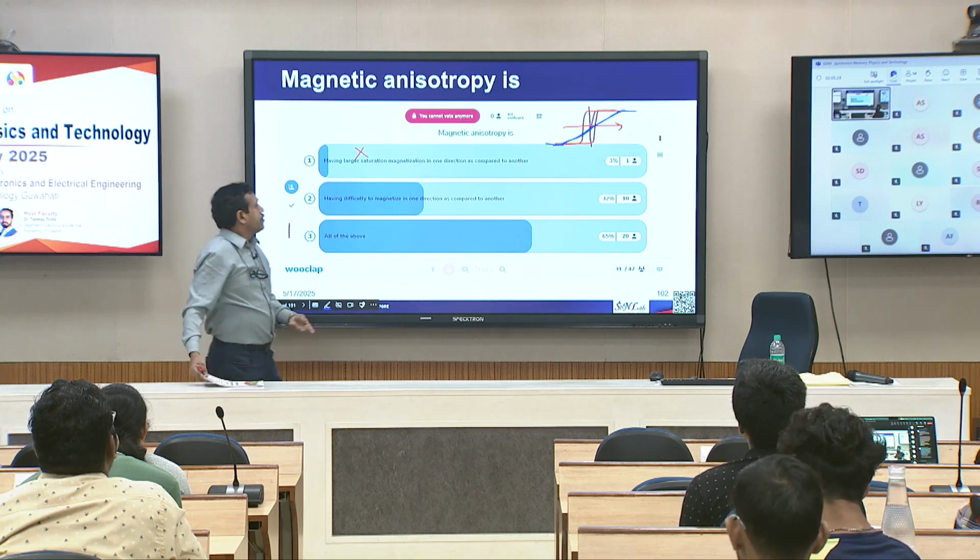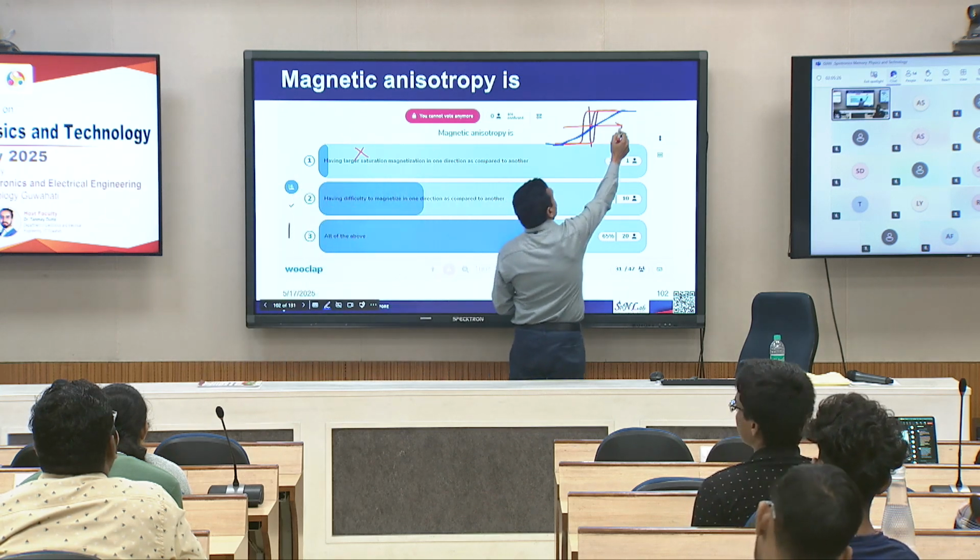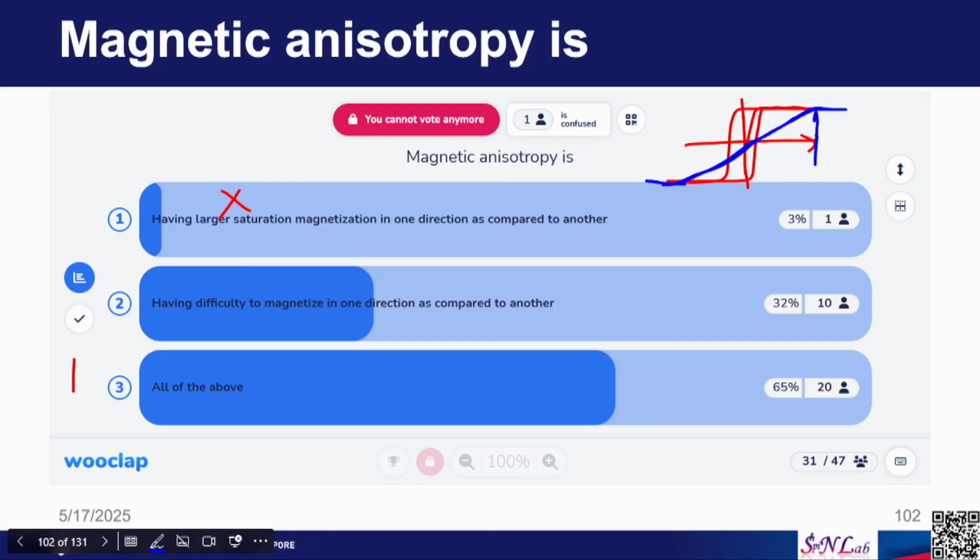At a large field, what happens? At this field the MS is the same. Whether you apply magnetic field in the easy direction or hard direction, MS is the same. By definition your magnetization is the sum of magnetic moments of all the atoms divided by volume, right.